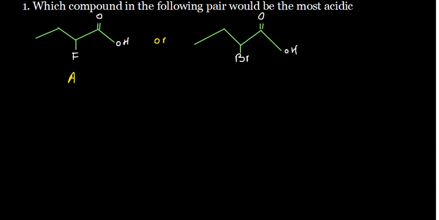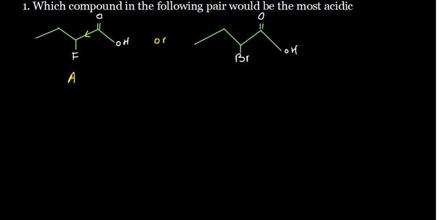What is the reason? That is because fluorine is more electronegative, and so the charge is going to be more dispersed. Because of the inductive effect, there is dispersal of charge. So you are going to have the charge being dispersed when this compound forms an anion.